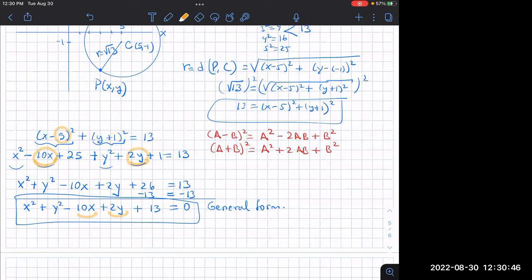How did you get the 10x? It was double x times 5, but the coefficient of x is always 1, so it's really double 5. When you backtrack, you take half of the coefficient of the x and half of the coefficient of the y to get that number. And that is called completing the squares.